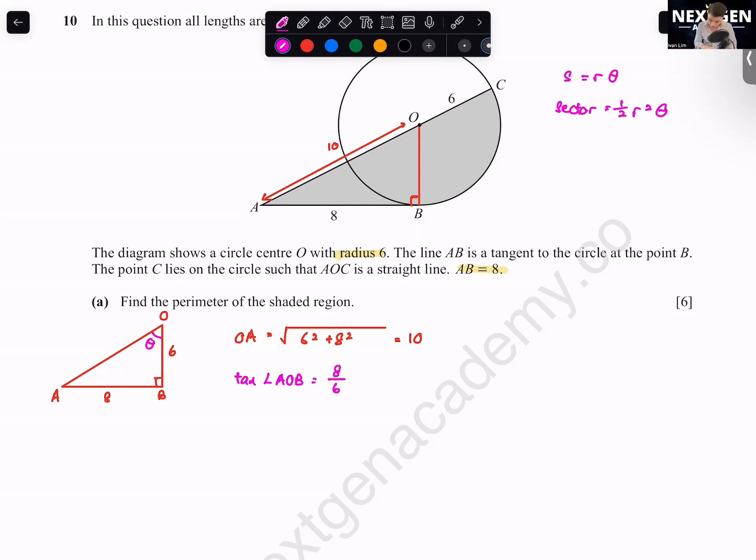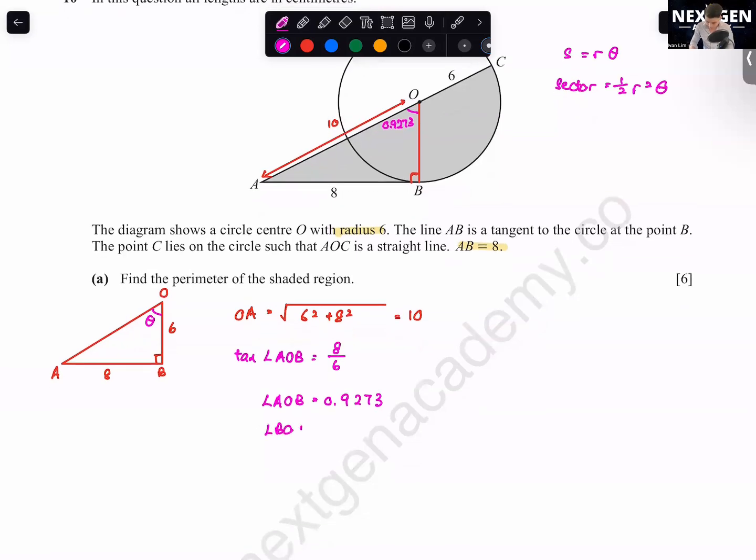So shift tan 8 over 6, we will get angle AOB equal to 0.9273. Then the angle BOC, you take 180 degrees, which is pi, minus 0.9273. You get 2.214 radian. This is all in radian.